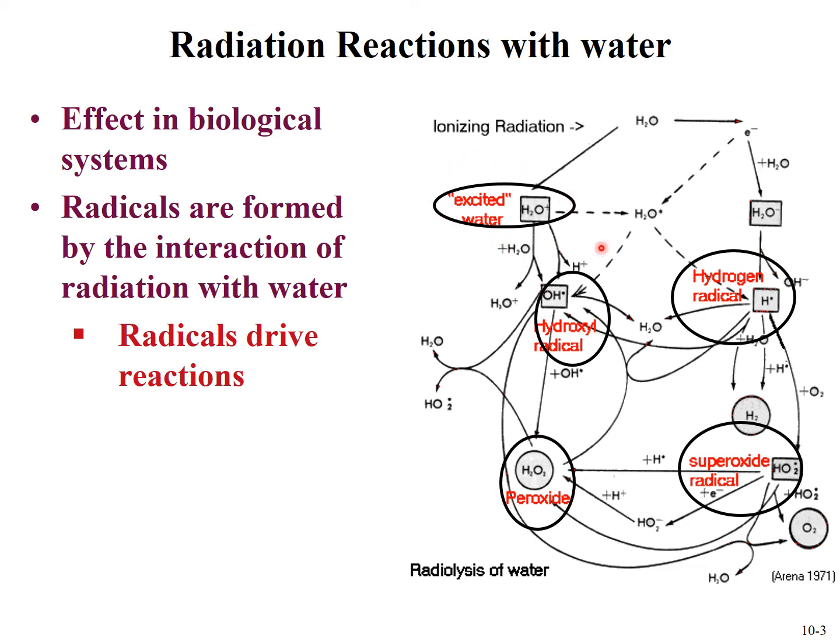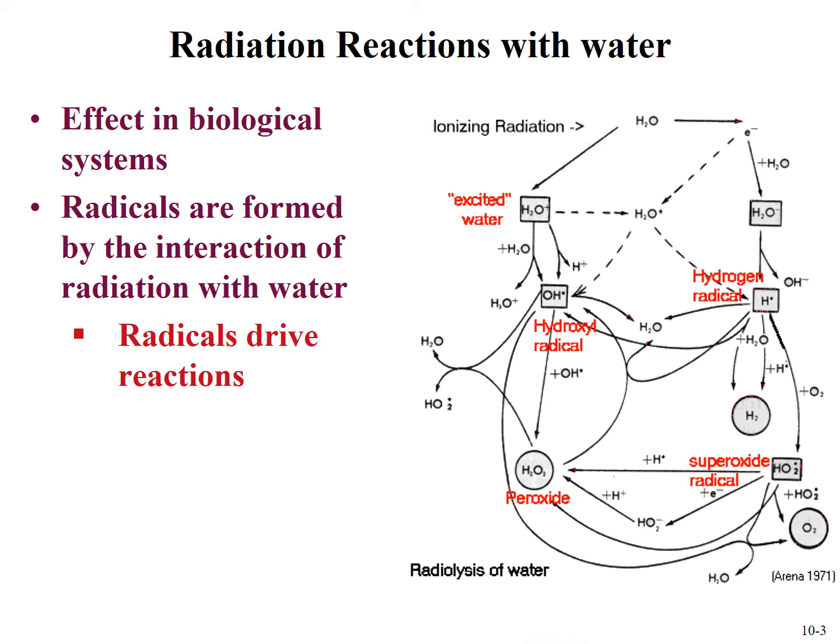They can form excited water, hydrogen radicals, hydroxyl radicals, superoxide radicals, or peroxides. All these different radicals have various lifetimes, and through the interaction of the radiation with water, these radicals can then move along a path length and they drive interactions with molecules. This is one of the primary forms of radiation damage.